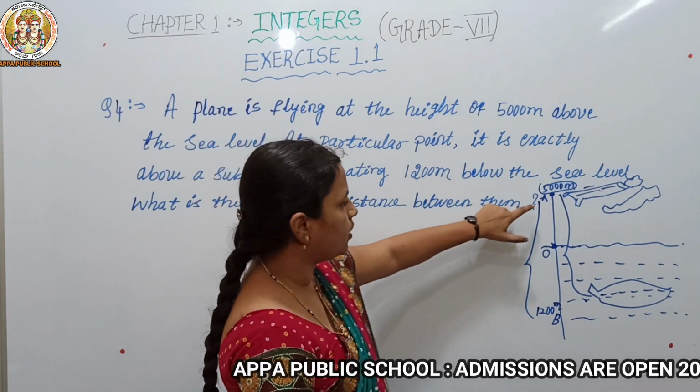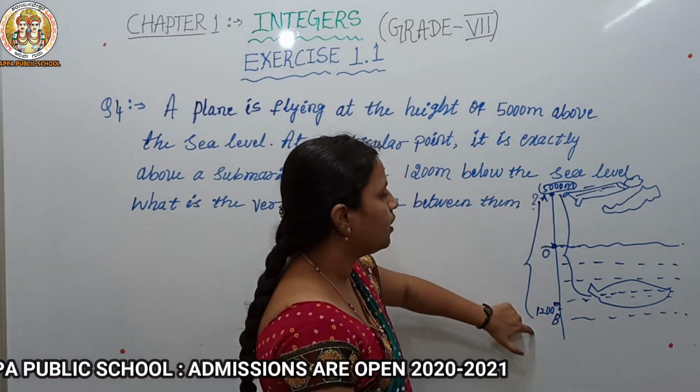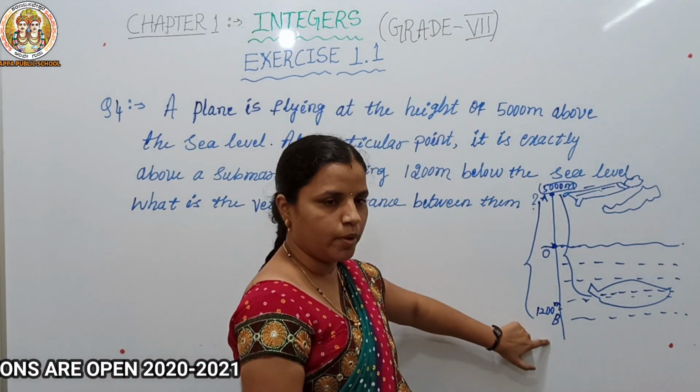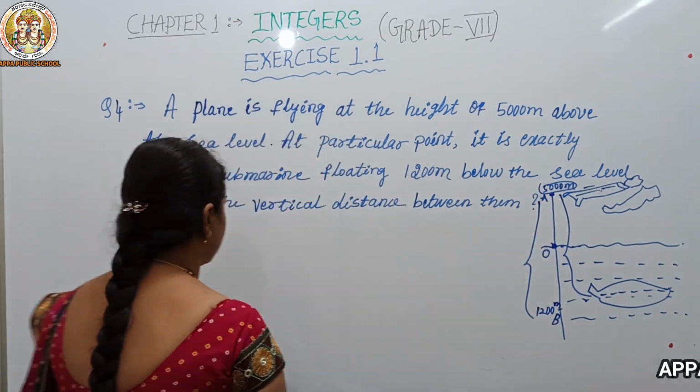We have to calculate the vertical distance. The vertical distance is nothing but AB. Then how will we calculate the vertical distance AB? It is nothing but the sum of OA plus OB. Meaning we have to add these two distances.